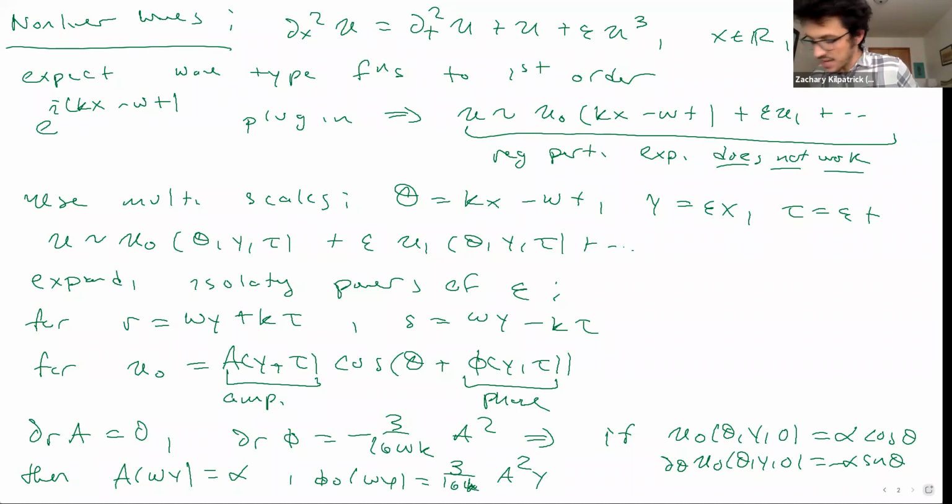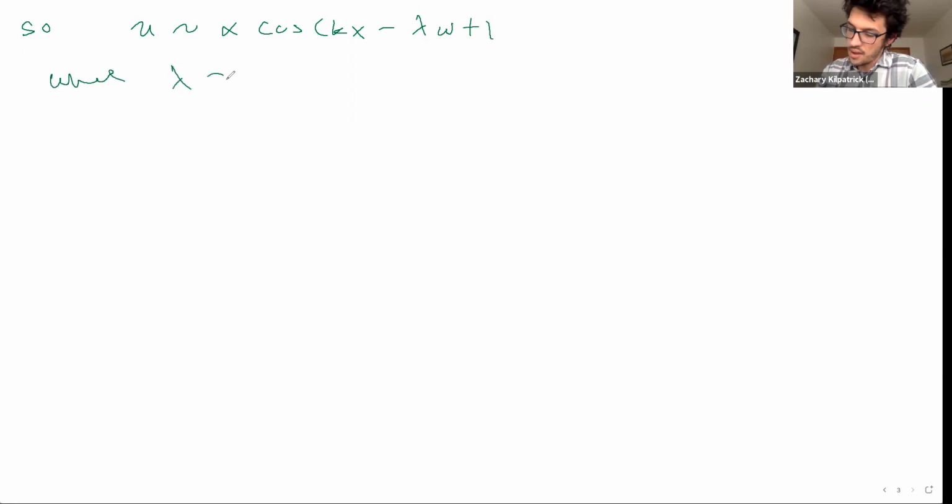And what you find at the end of the day is that u is approximated by cosine(kx minus λωt), where λ is equal to 1 plus 3εα squared over 8ω squared.